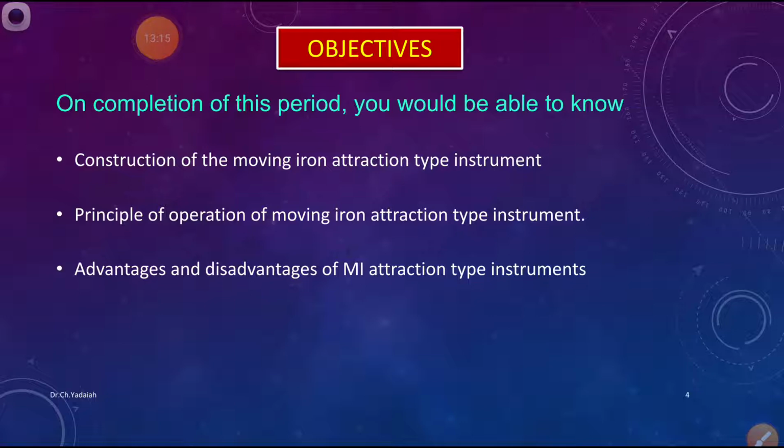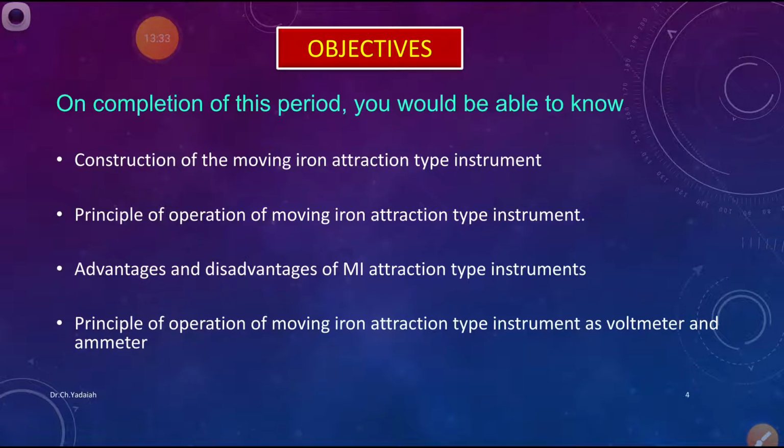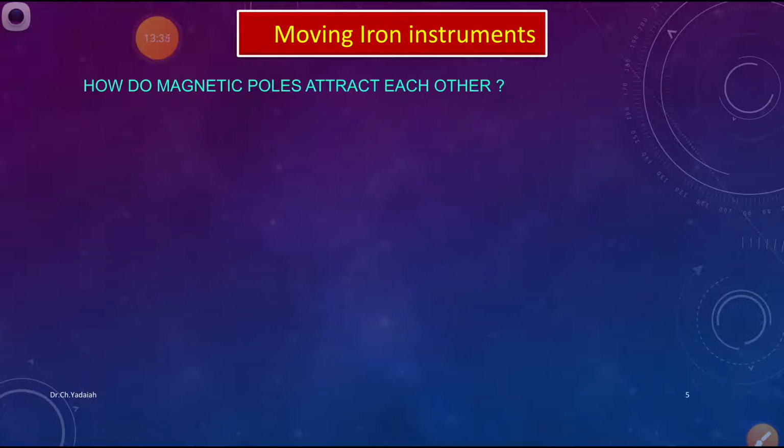Similarly, the construction of the moving iron repulsion type instrument, the principle of operation of moving iron repulsion type instruments, and the advantages and disadvantages of the repulsion type instruments we are going to see. We are going to see them one by one.